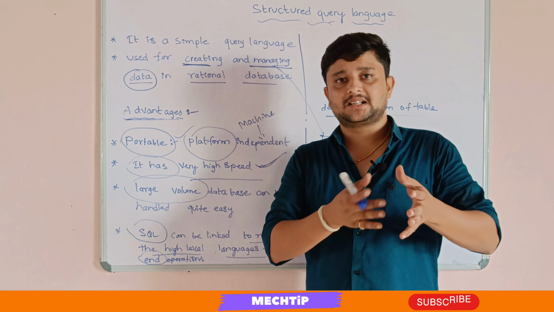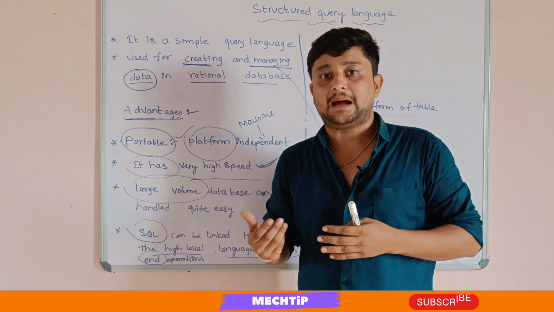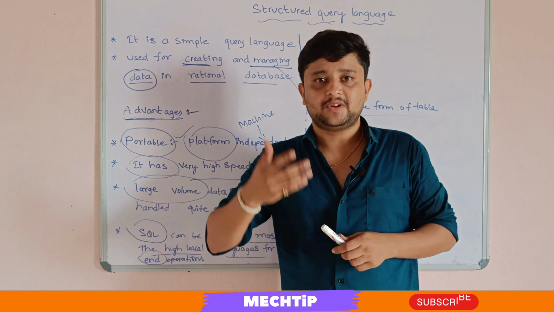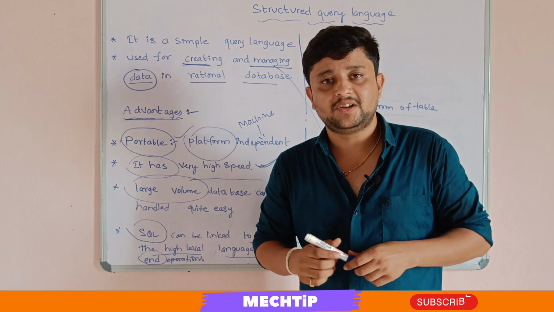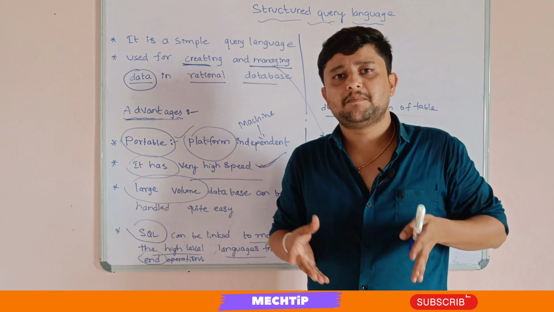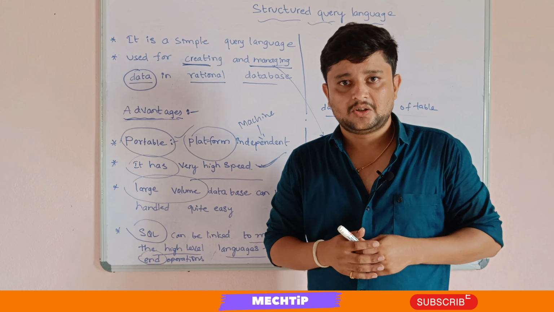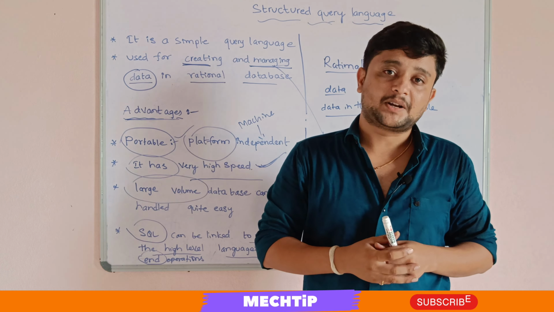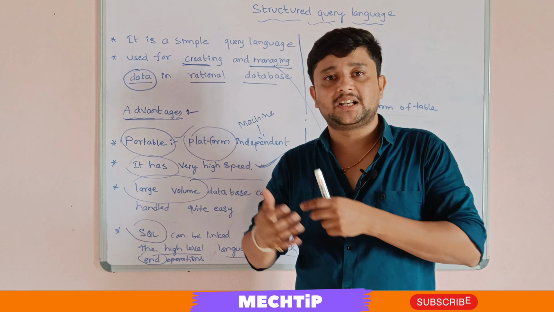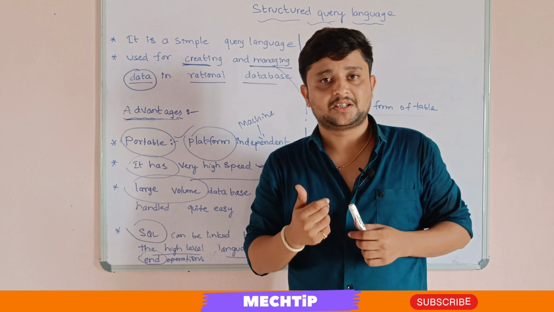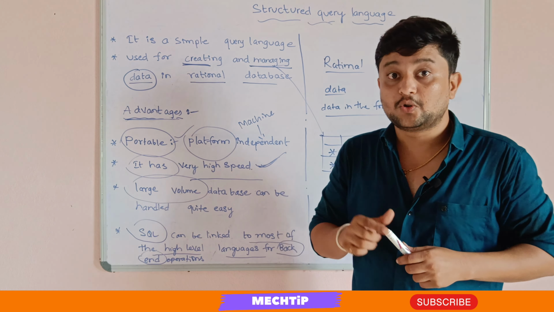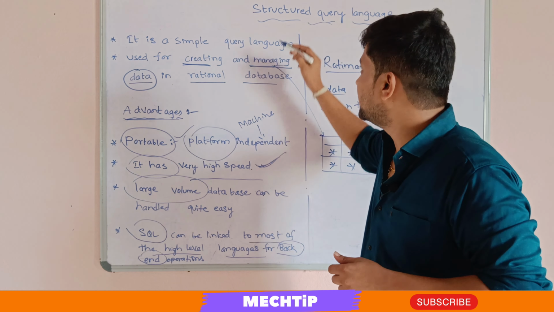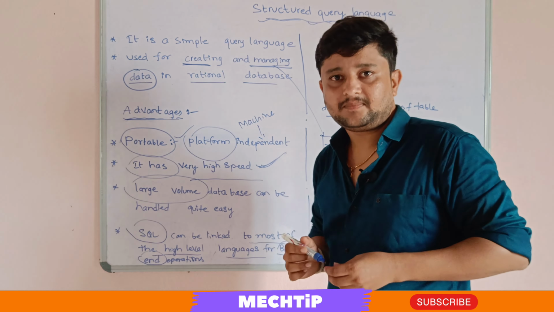Front-end is, for example, the WhatsApp app. In that we can see everything: images, pictures and text. Those are all maintained by front-end operations. The back-end operations, or back-end languages, run the software. So those kinds of operations are controlled by SQL.